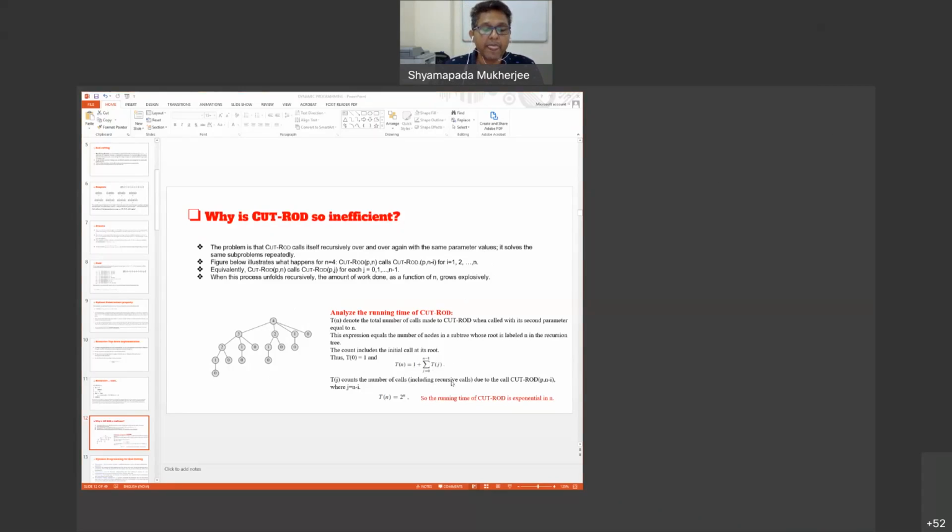And this 1 denotes the first call we are making to the cut rod algorithm. If we solve this using any method, we will be able to prove that the time complexity becomes order of 2 to the power n, that is exponential. So the rod cutting problem is exponential when we use the recursive method.